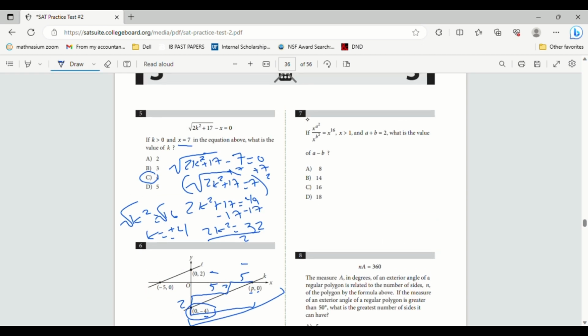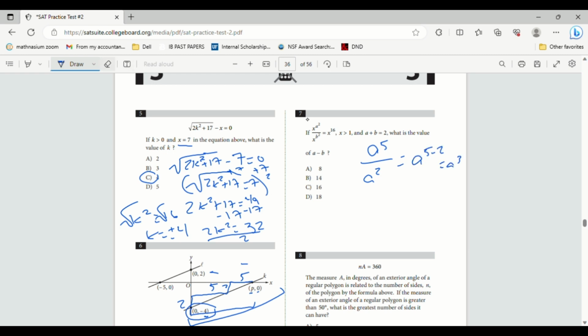Number 7, if x to the a squared power divided by x to the b squared power equals x to the 16, x is greater than 1 and a plus b equals 2, what is the value of a minus b? So we have, for example, a very simple demonstration, a to the 5th divided by a squared. We're going to subtract the 2 powers to get a cubed.